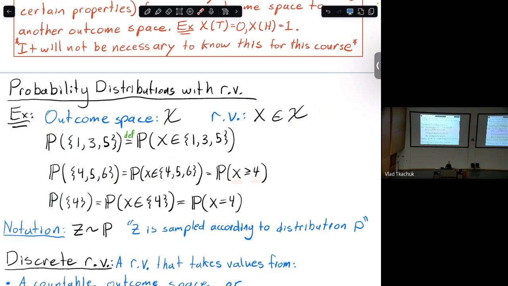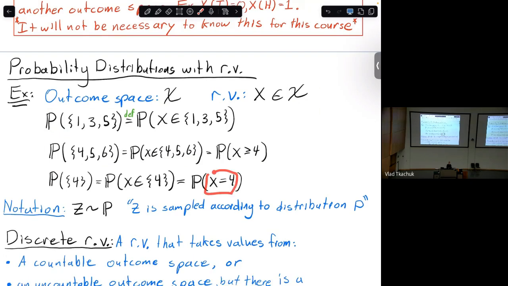The definition is that the random variable takes an outcome which is 4, 5, or 6, because those are the values greater than or equal to 4. And people write, what's the probability that my random variable equals 4? Behind the hood, this means the probability of the event that X is an element of the set that just contains 4. You'll see this notation very often.